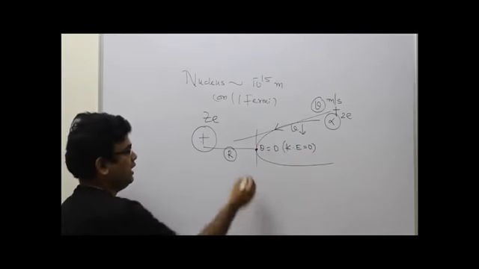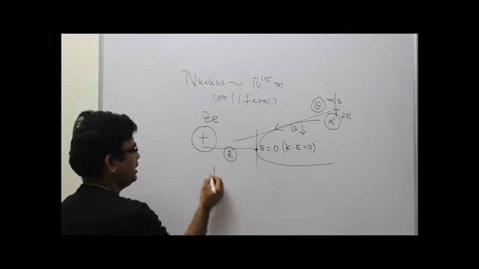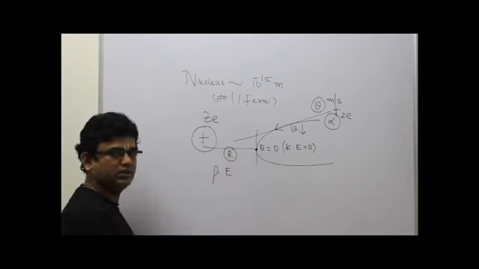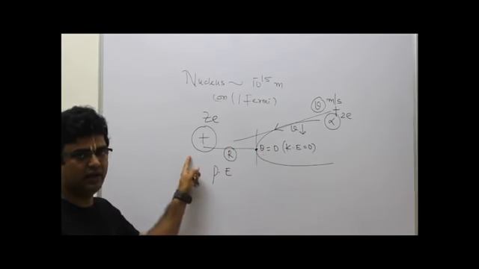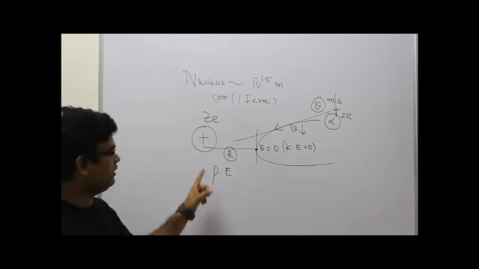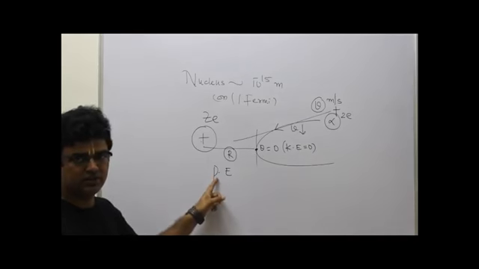Now, at the distance of closest approach, I can calculate the potential energy because the alpha particle is under the influence of the electric field of the nucleus. It will have electrostatic potential energy.